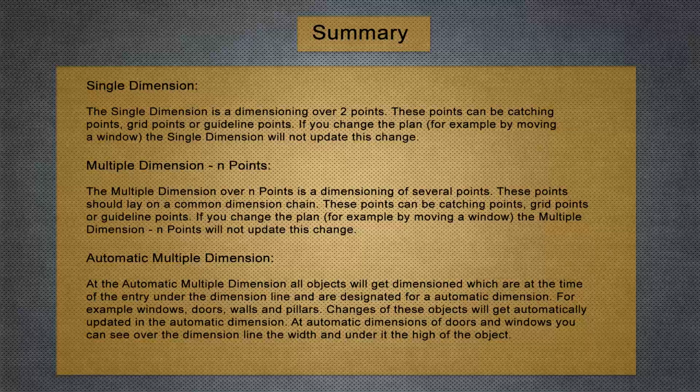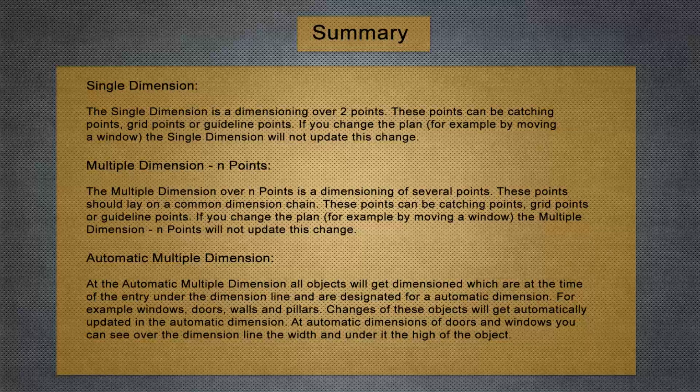Automatic multiple dimension. At the automatic multiple dimension, all objects will get dimensioned which are at the time of the entry under the dimension line and are designated for automatic dimension. For example, windows, doors, walls, and pillars.